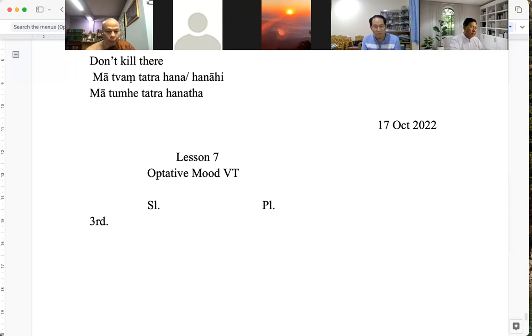Before going to the third person, we should go to the second person. So second person, in the present tense: si, and then ta. And then first person: mi, and then ma. So si, ta, mi, ma.